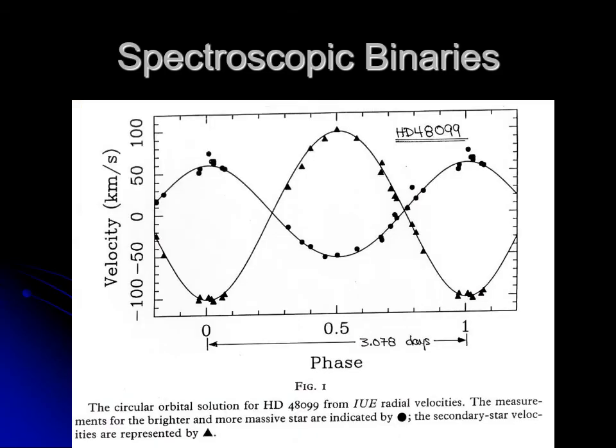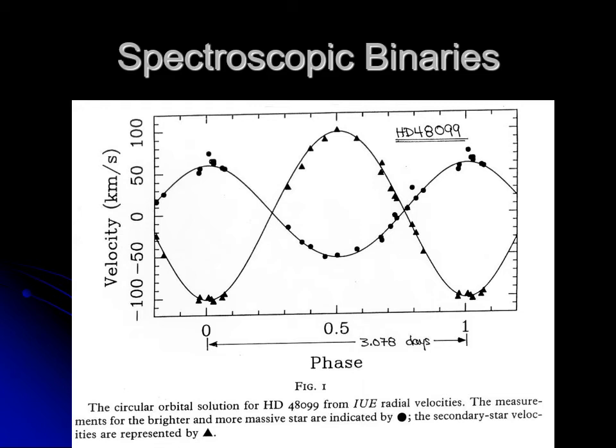Here is a star, HD 48099, and you can see one of them like this and the other one like this. They cross right here. Notice this star doesn't change as much as the other. So which star is going to actually move the most, the big one or the small one? The answer is the small one is going to move the most.